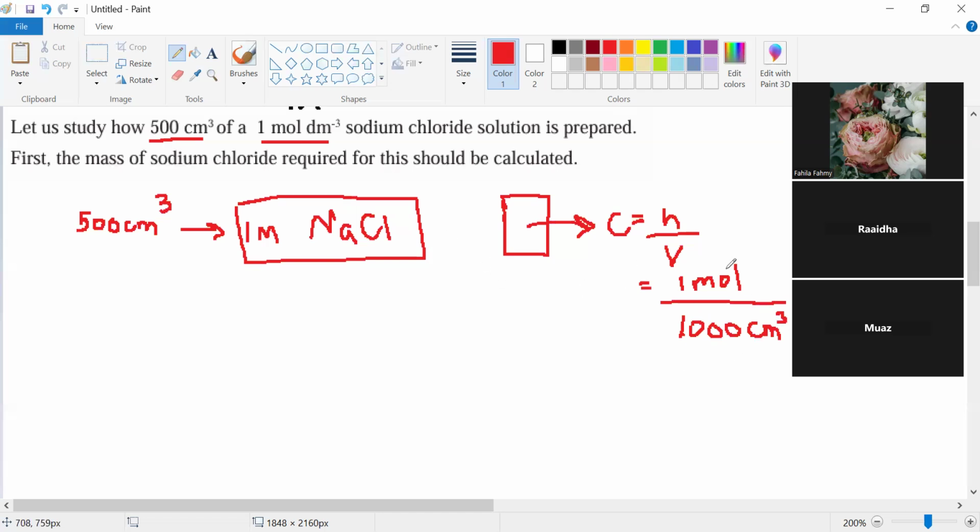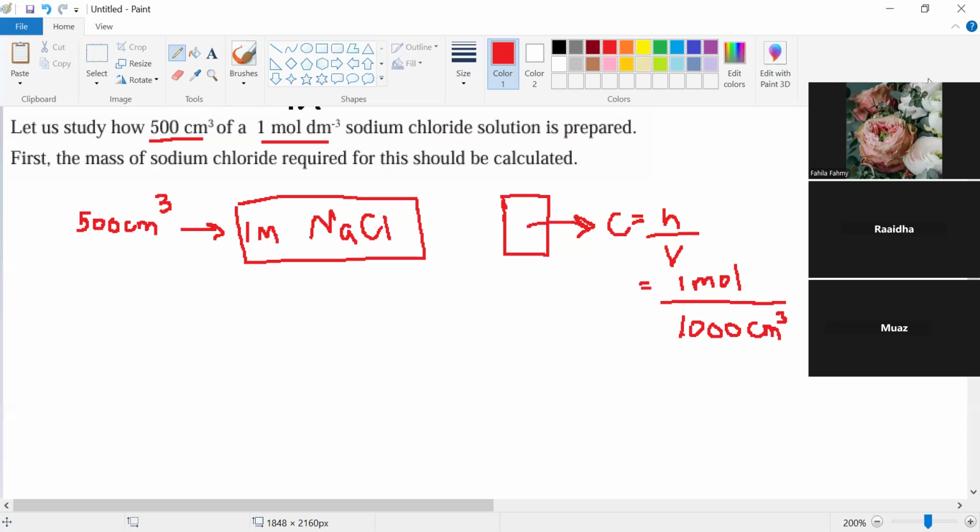But I don't need this whole 1 mole. I need half of it only because I'm going to prepare half of it only. I don't need 1000, right? But first of all, I need to find the mass. In the laboratory, I can't measure moles, right?